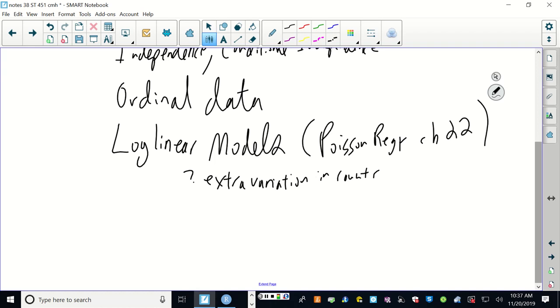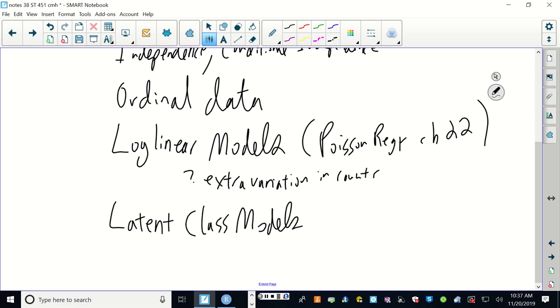And then there are some things with categorical data called latent class models, which I did some work in. And so latent class models is there are groups in the population, but they're not labeled. Right? So unlabeled subgroups.